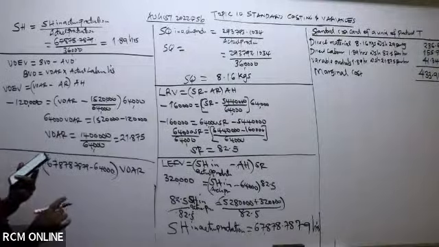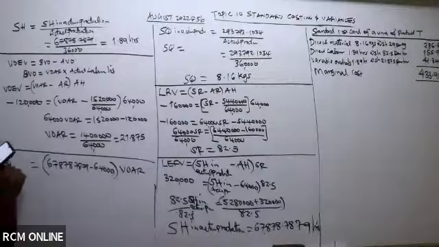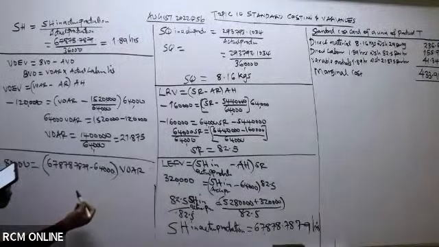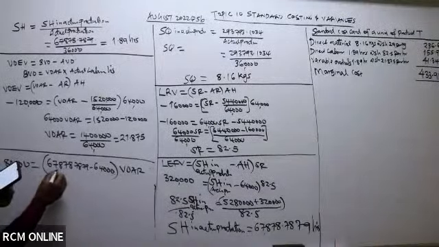So what is our variable overhead expenditure variance? 80,000 per variable. So it is positive 80,000, right? Can we break the bracket? Quickly.